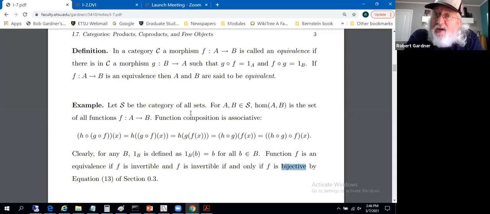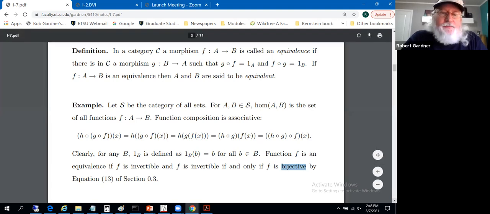That means they're the same cardinality. So when dealing with the category of sets and these particular morphisms, equivalence means same cardinality. Equivalent sets in this category with these morphisms are those which have the same cardinality. We'll make a comment about that a few lines down as well.